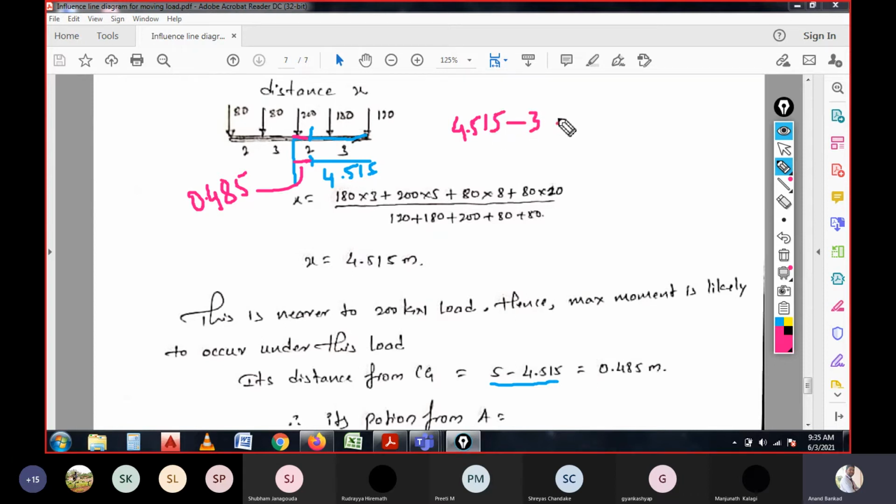It will be 1.515, right? So if you consider these two values, 1.515 is the larger value compared to this one. On this basis, it is considered nearer to 200 kilonewton, and the eccentric distance of 0.485 from the 200 kilonewton load has to be considered in the calculation.